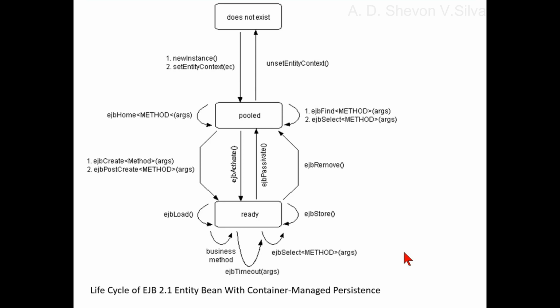This figure shows the EJB 2.1 CMP entity bean life cycle. There are three states: does not exist, pooled, and ready.